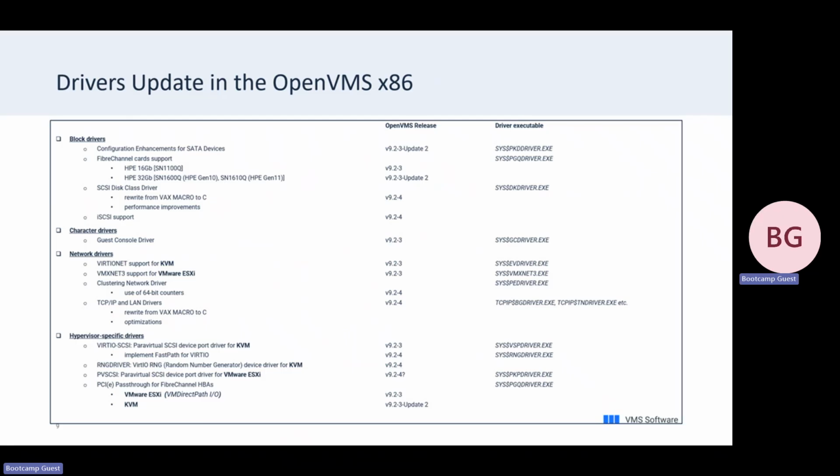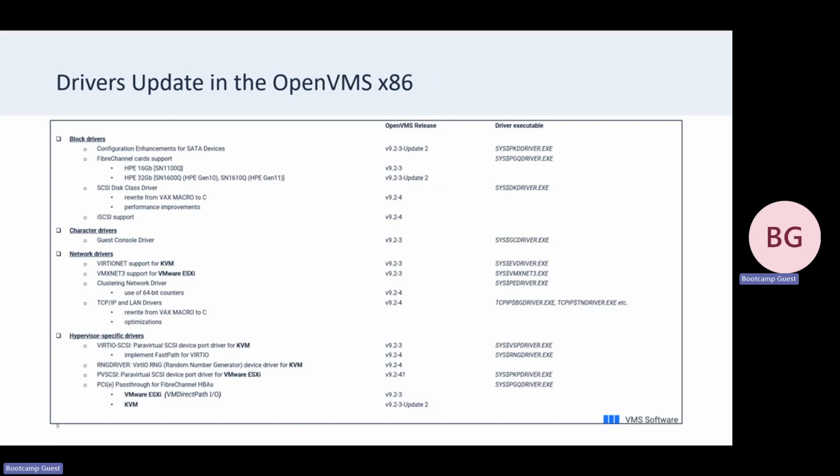Some configuration enhancements for SATA devices have been established with the update toolkit in version 9.3. And although we supported the fiber channel cards for 16 HP and 16 gigabit HP logic cards in version 9.2-3, with the update toolkit, we can now support also the 32 gigabit fiber channel cards.